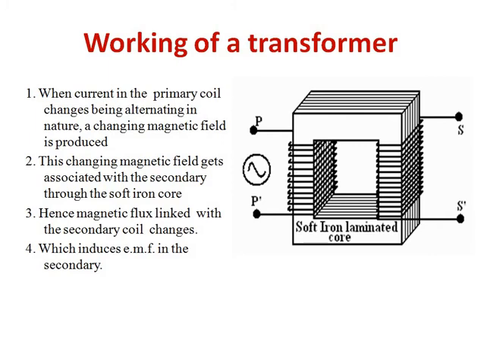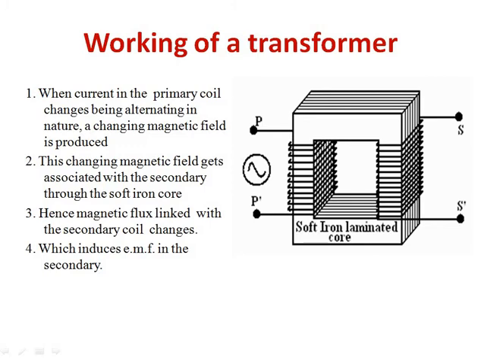The working of the transformer. Here you are having the primary, which is indicated by P. This is the soft iron laminated core. Then this is called the secondary coil S. When the current in the primary coil changes, being alternating in nature, a change in the magnetic field is produced. This change in the magnetic field gets associated with the secondary through the soft iron core.